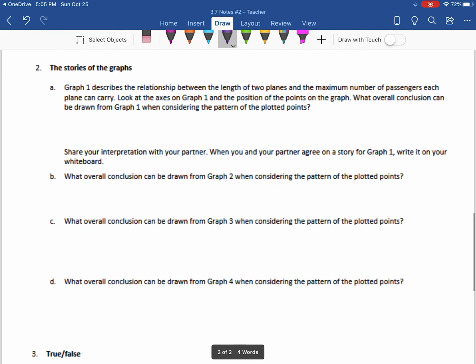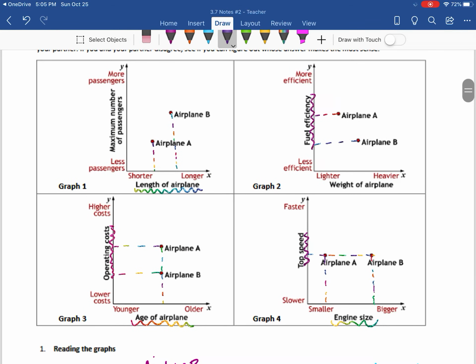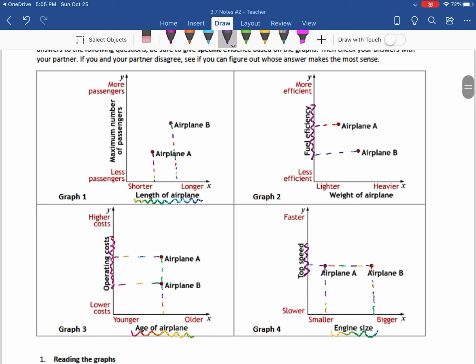Okay, so these are all asking you to infer from the graph. So if we're looking at graph 1, what can we say about the maximum number of passengers versus the size? Okay, so we can tell that airplane A is shorter than airplane B, and it also carries fewer passengers.